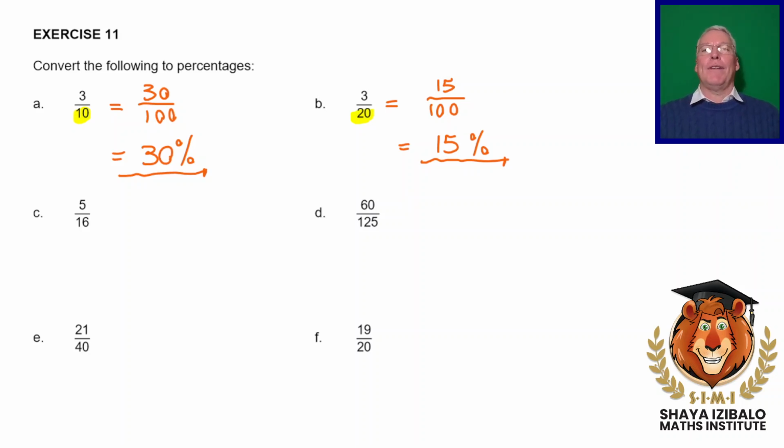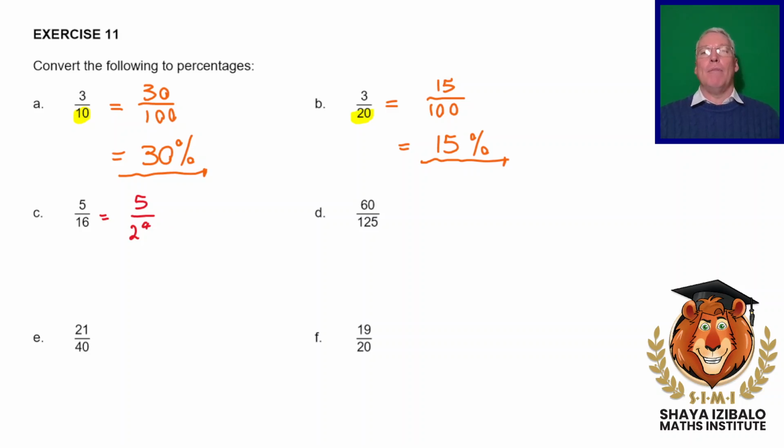The next one is 5/16. Now 5/16 is actually 5, and then we've got 4 lots of 2 multiplying together. To make these into tens, we would need to multiply by 5 four times.